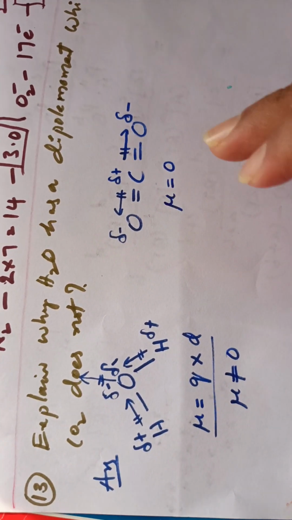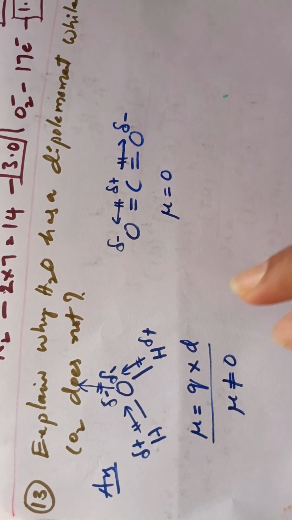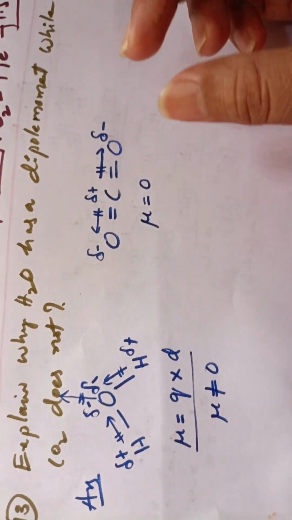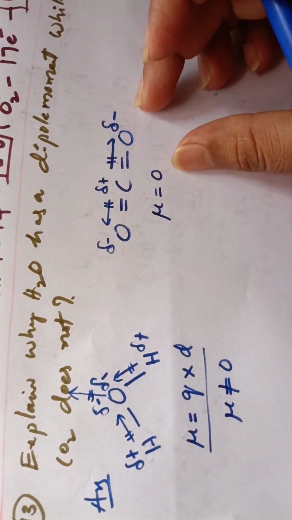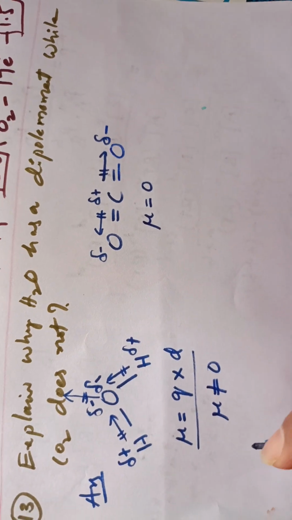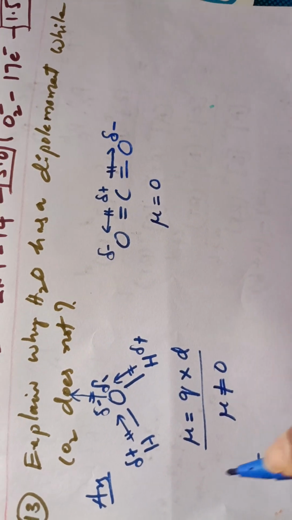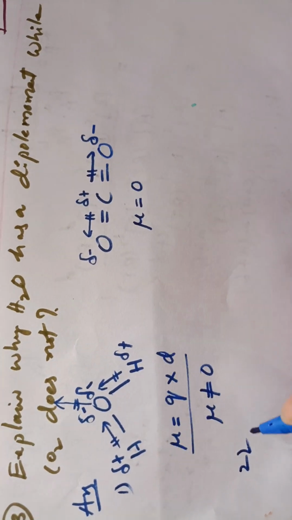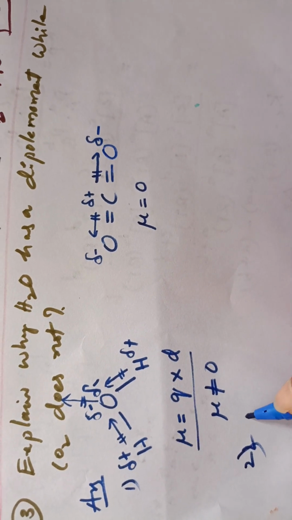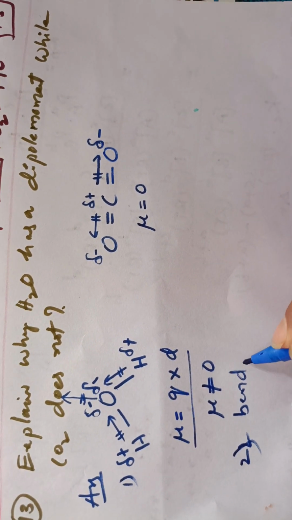So what points do you have to write here for 4 marks? First you have to write the structure of H2O and CO2. Okay. Next point, it has the bend structure. This is the first point. Second point, H2O has bend structure or V-shaped structure.